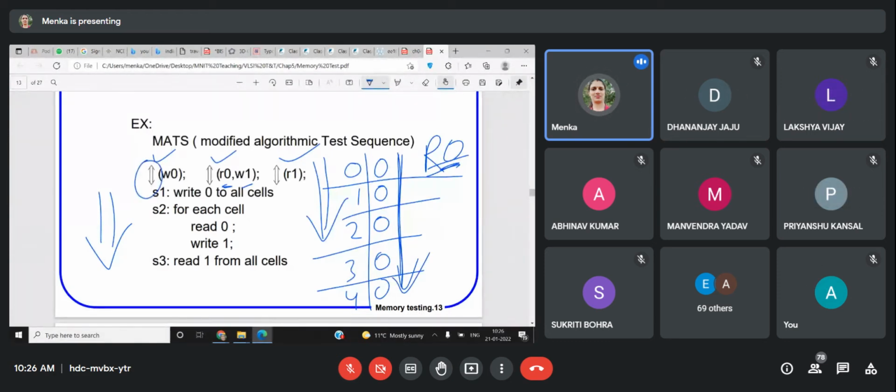Then this is bidirectional. So once you have written in this fashion, then again you have to write zeros in this fashion and you have to read. So with the help of this, what exactly are you going to do? You are writing 0 in the forward way also and you are reading 0 in the backward way also. It is somewhat like some roads that are one way only.